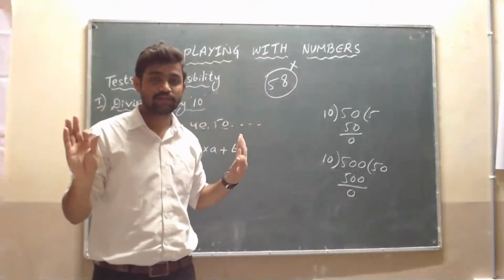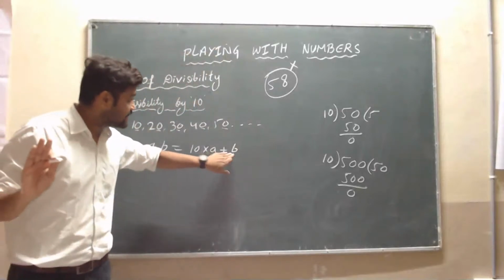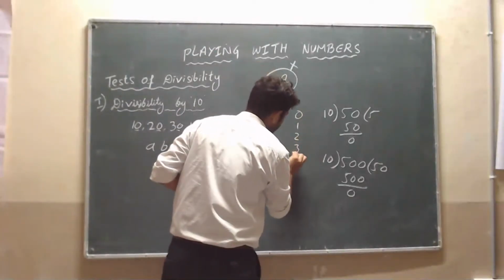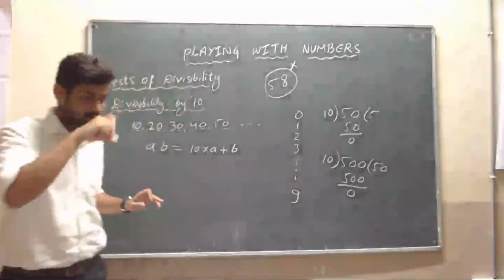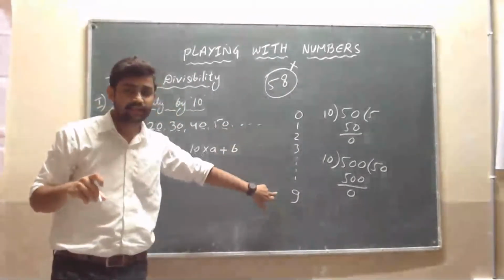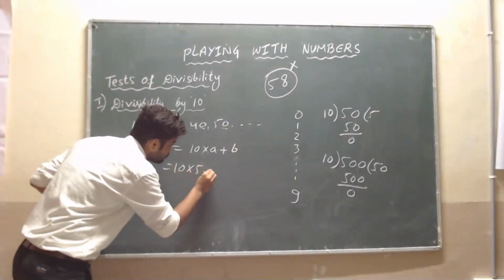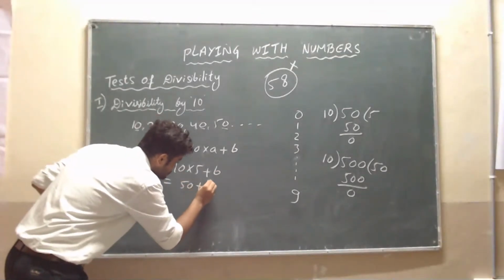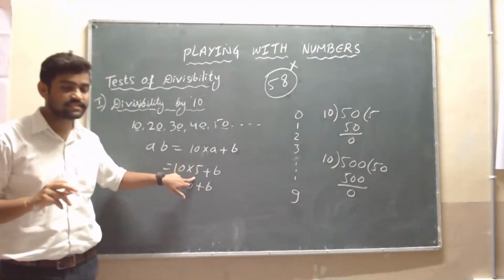Take any number, we do not need the value of A. Then B values are from 0 to 9. Suppose I write here 10 into 5 plus B. 10 into 5 is 50 plus B. I have taken A as 5.